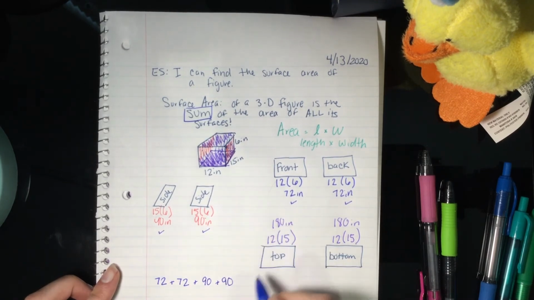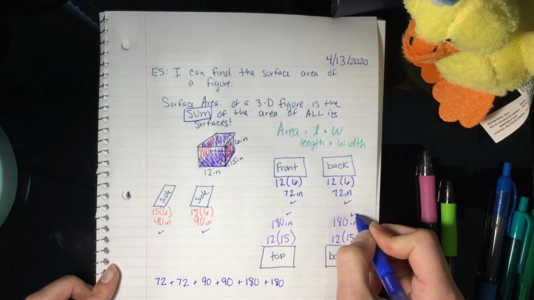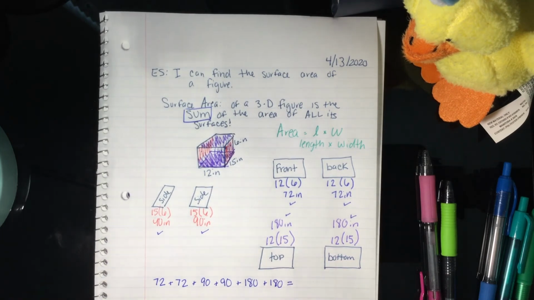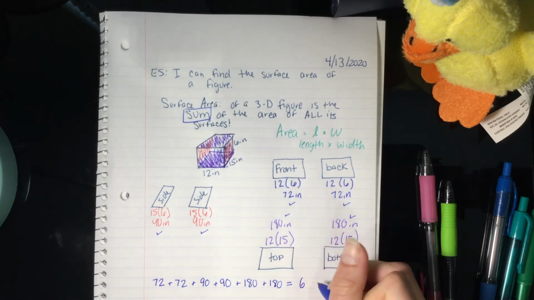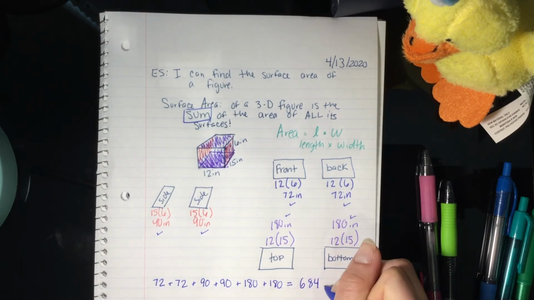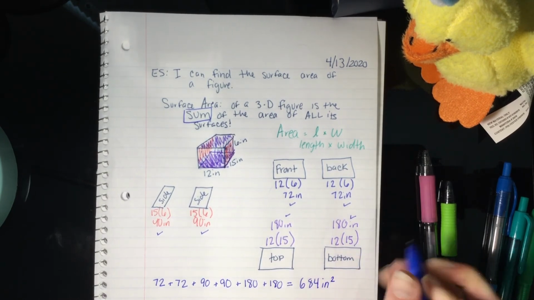Check and check. Plus 180 plus 180. Check and check. And that equals. Does anyone know what that equals? If you want to pause the video right here and add it up yourself, please do so. All right, I take it you all paused the video, and our total is 684 inches squared. So we're always squaring.